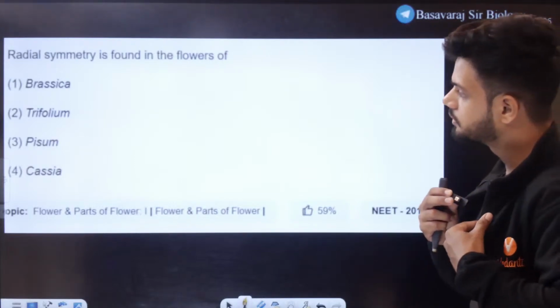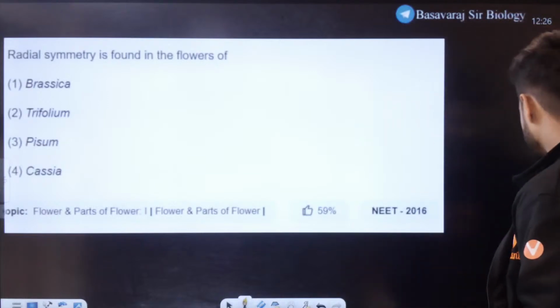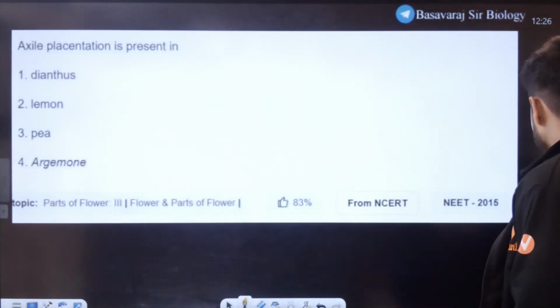Mustard, datura, chili. Mustard is brassica. Yes, brassica. Oh, what is this here? Placentation. I didn't teach you placentation yet.